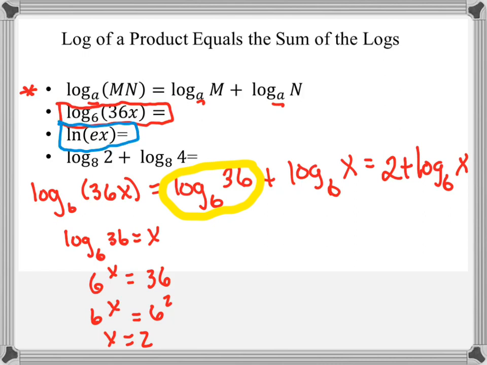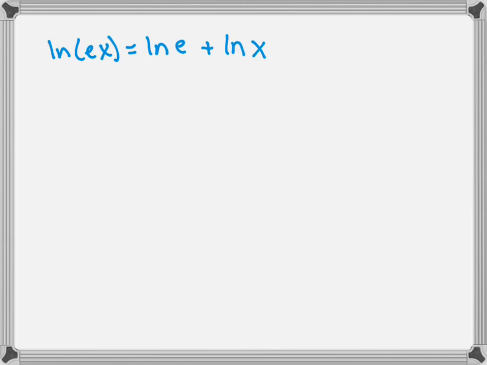The second example, the natural log of the product ex, we'll look at in blue. And then we'll look at the third one in green, both on the next slide. So we've got the natural log of e times x, and we can split that into the natural log of e plus the natural log of x.